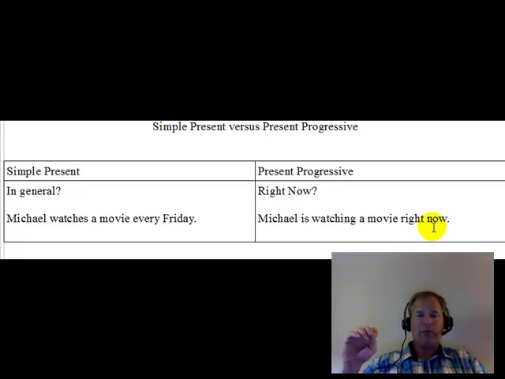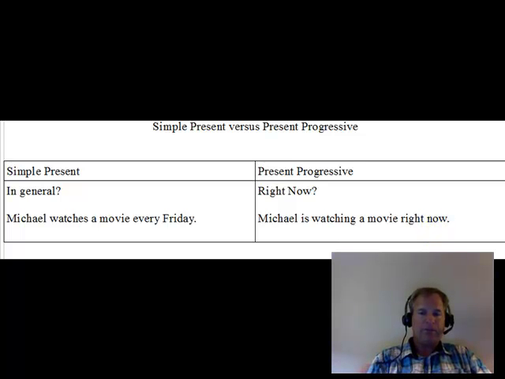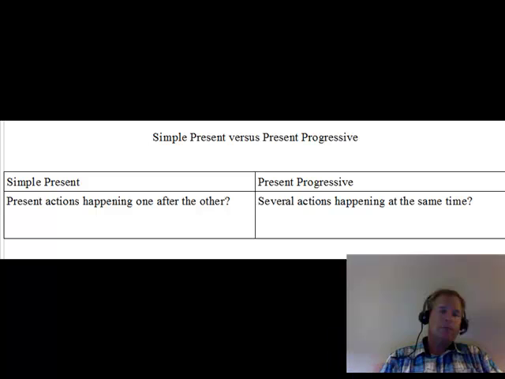We have certain kinds of words that tell us that something's happening. So I have Michael is watching a movie right now. So in this case, I'm talking about an action or activity which is happening at the moment of speaking. So first of all, in general, the simple present is good. Happening right now, the present progressive.